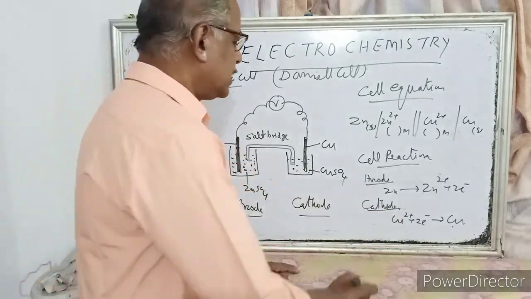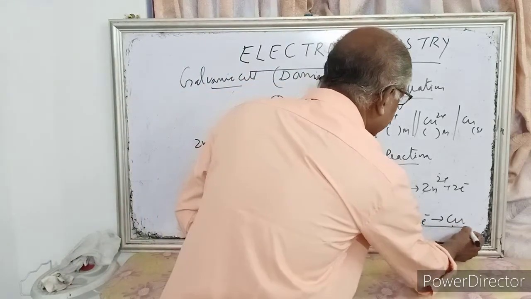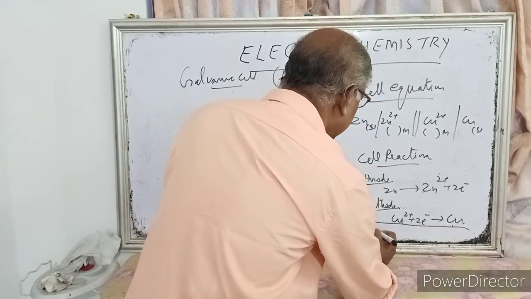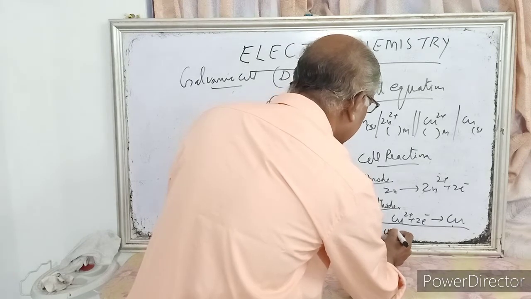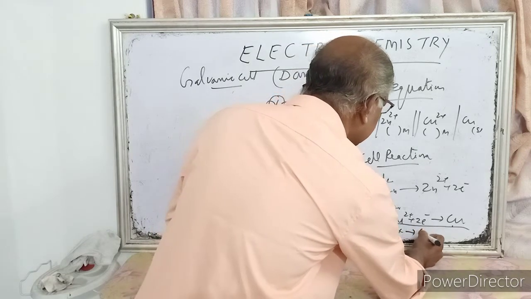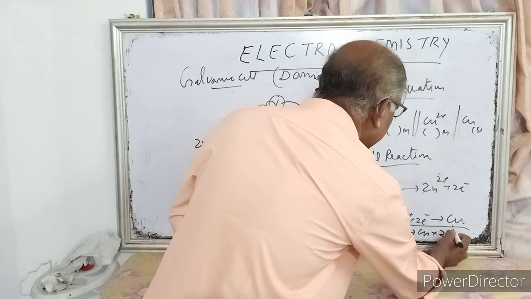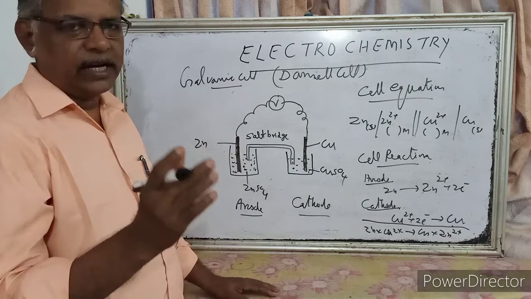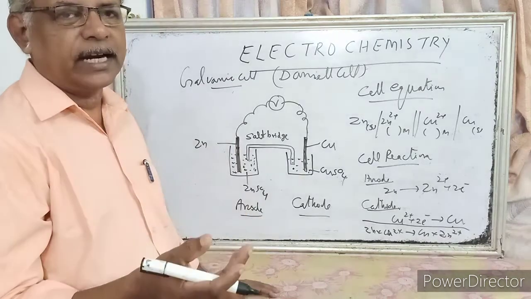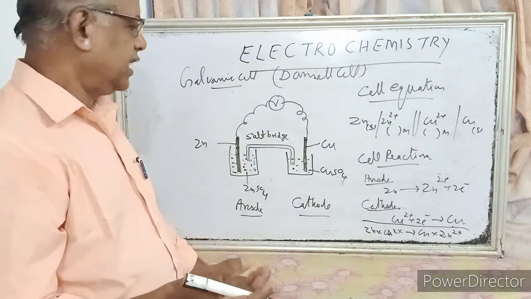The overall reaction is Zn plus Cu2+ gives Cu plus Zn2+. That is the overall reaction of Daniell cell. So a galvanic cell is a cell which produces electricity during a chemical reaction.